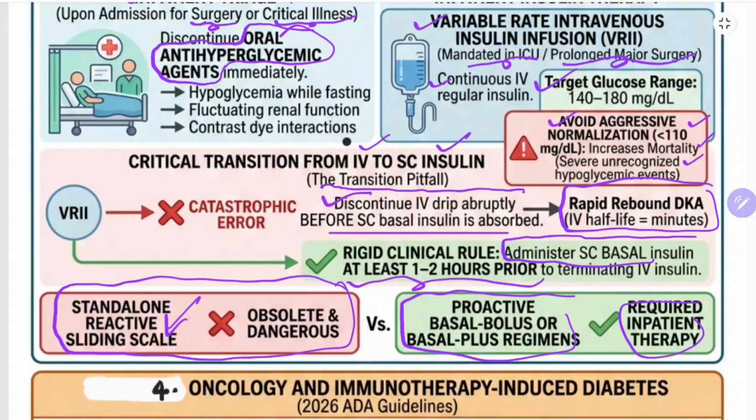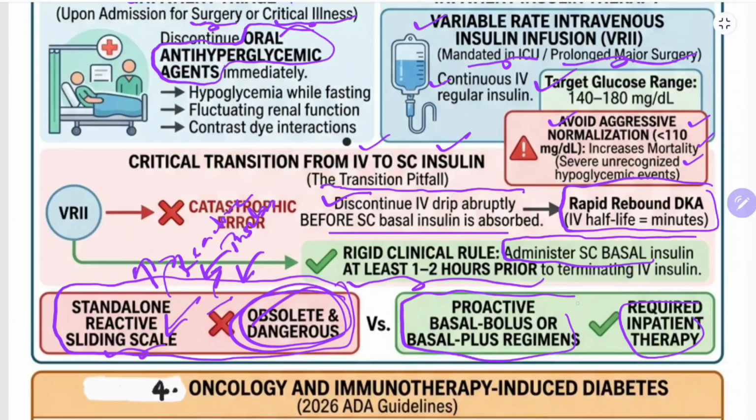So sliding scale is nothing but giving insulin whenever the patient has increased glucose level. That is reactive insulin therapy, meaning you give insulin only when the patient has increased sugar levels. If the patient does not, you will not give insulin therapy. That is the sliding scale, which is outdated and dangerous.